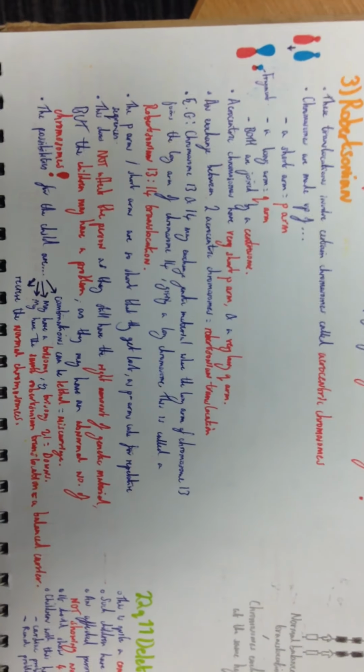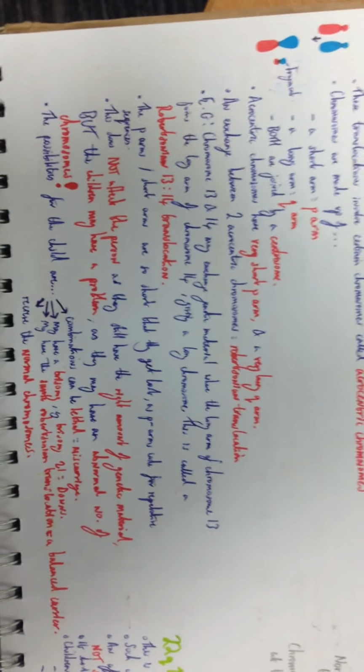The third and final type is Robertsonian translocation. These translocations involve certain chromosomes called acrocentric chromosomes.